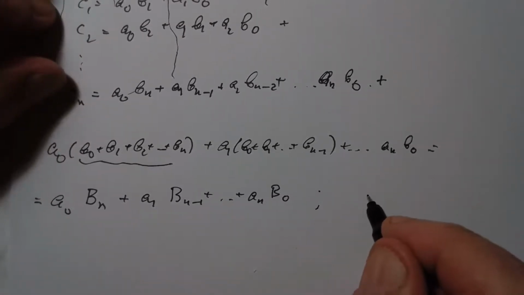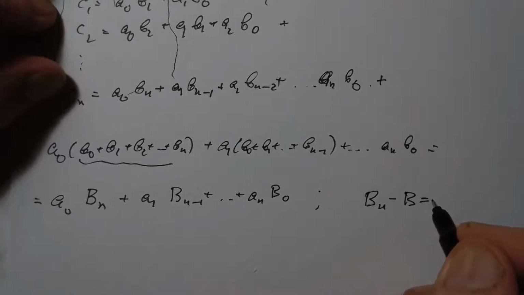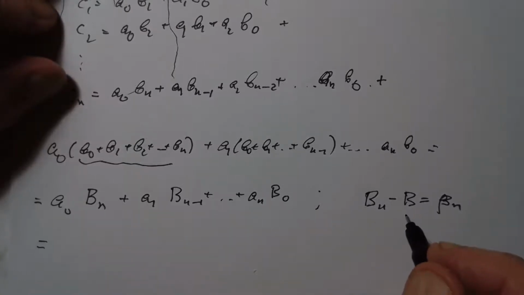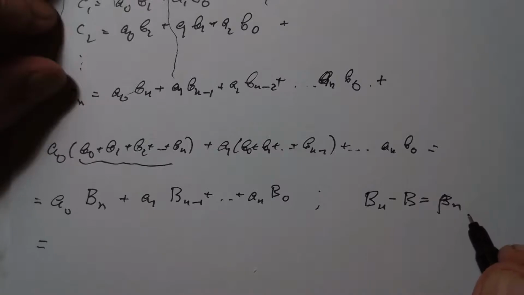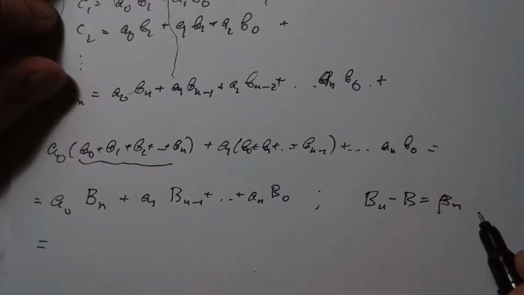And so let's suppose that B_n minus B, let me call those numbers beta_n, just for abbreviation. So in this case, maybe I should do it another way around, just to follow Rudin.